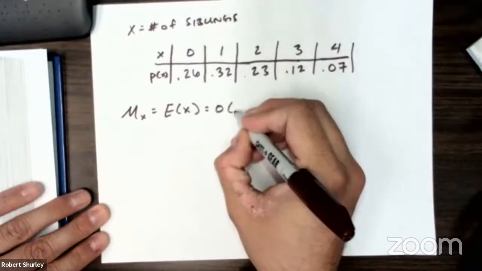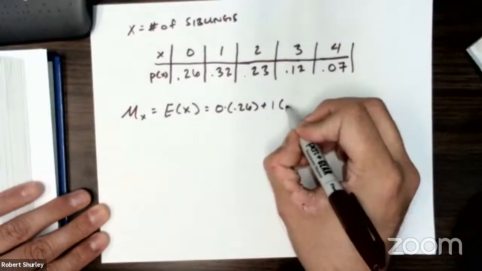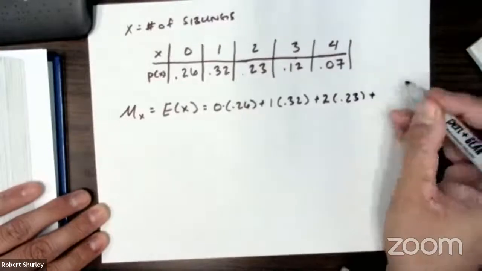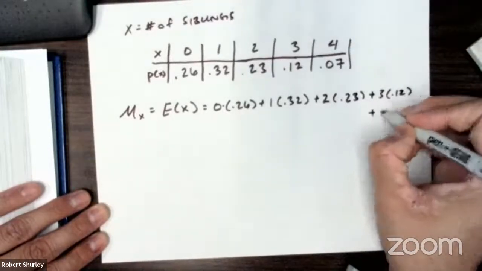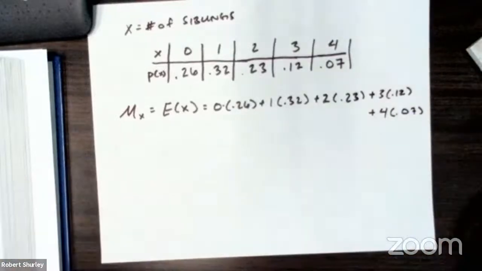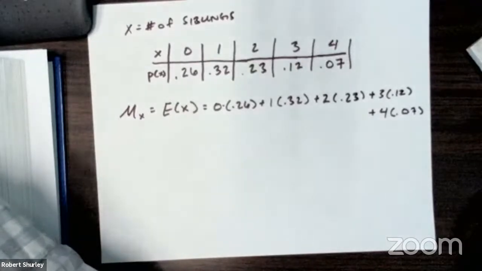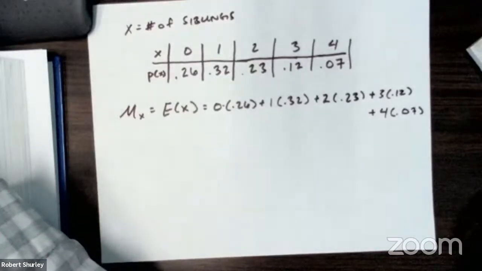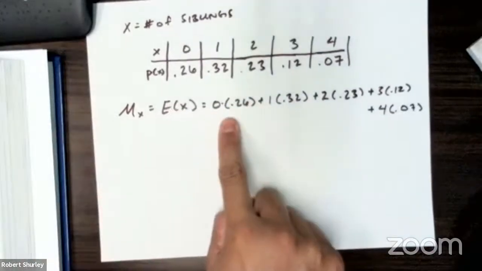So outcome times 0.26 plus 1 times 0.32 plus 2 times 0.23, plus 3 times 0.12, and then let's just add it underneath here, plus 4 times 0.07. Okay, so I'm going to take my calculator out, and I'm just going to do this all at once. So we've got 1 times anything is itself, so 0.32, that goes away at 0, right?